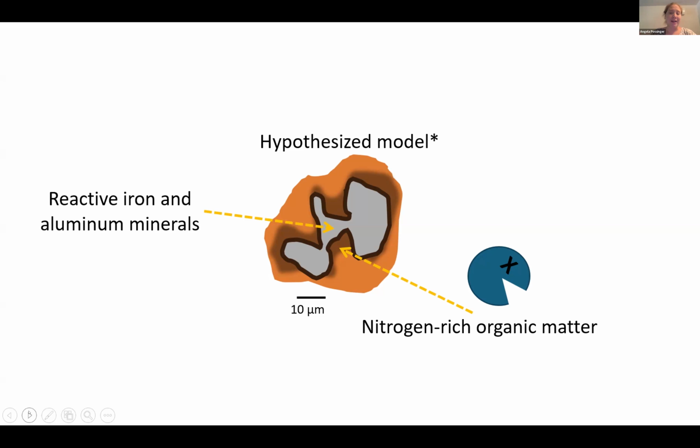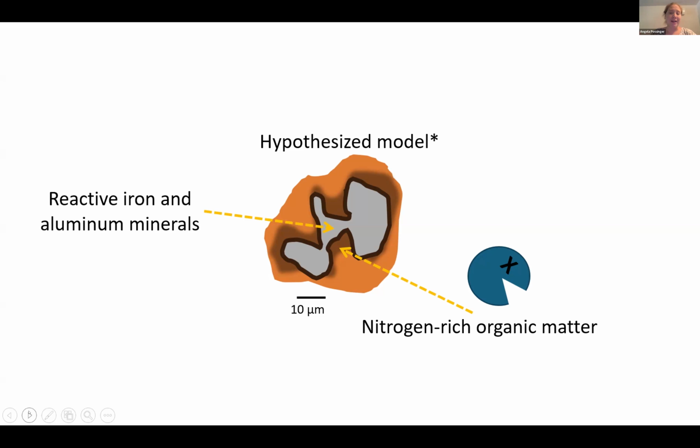And so for this work, we were looking at volcanic soils, which are particularly high in reactive metals and also tend to have large amounts of relatively old soil carbon. Andisols, volcanic soils in the US, are pretty limited in their spatial extent, so they're just shown here in hot pink on the map. So a bit in the Pacific Northwest, of course, and a bit in Alaska and across the islands of Hawaii.